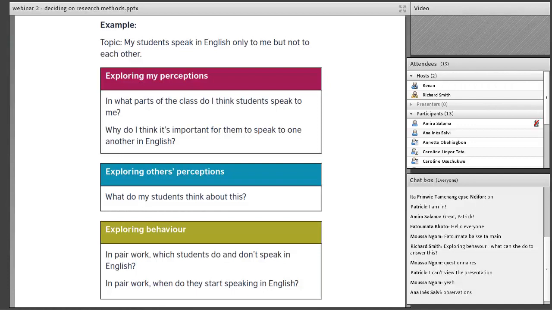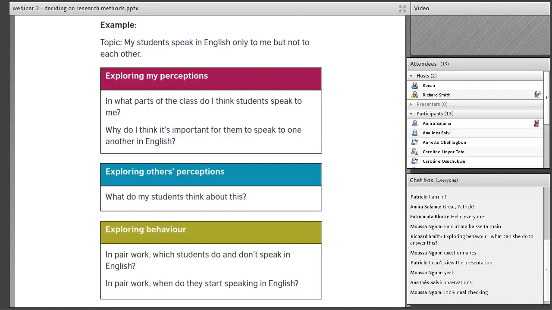I want you just to look, to watch, and to tell me which students do and don't speak in the class, do and don't speak in English in the pair work. And also, please tell me what kinds of activity do they seem to like doing? What kinds of activity do they seem to speak in English? Which other kinds of activity do they not speak in English?